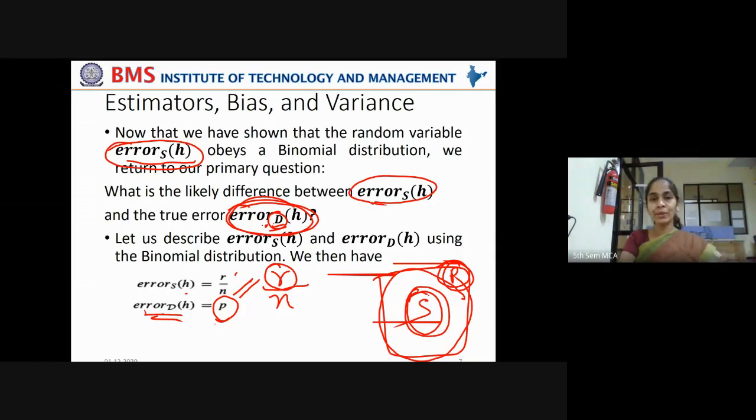Now, you take a new instance from the population, the probability of that new instance being predicted wrong is, let us indicate that as P. So our objective is to find out the difference between sample error R by n and true error P.